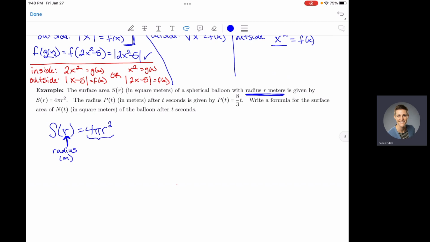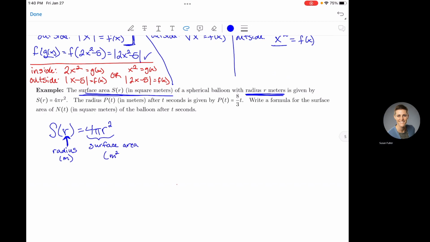Let's see, S of r, that's surface area in square meters. So you put a radius in, and you get surface area out. Okay, so that's S of r. You put a radius in, you get a surface area out.